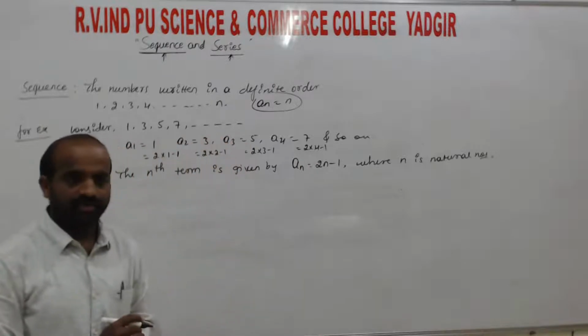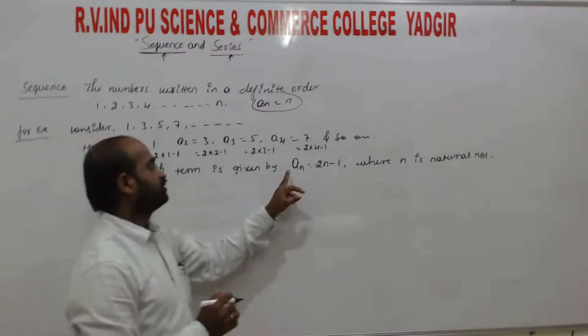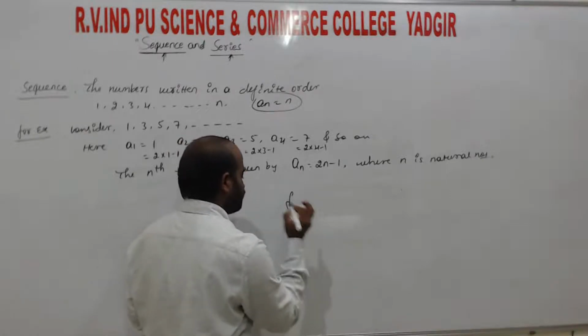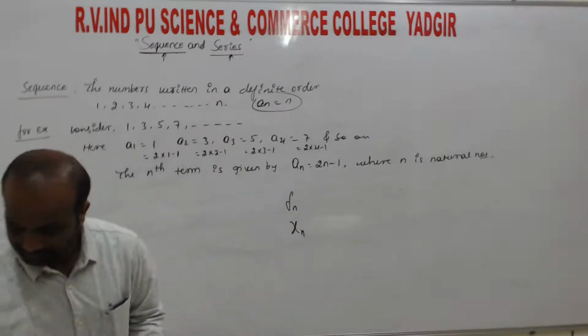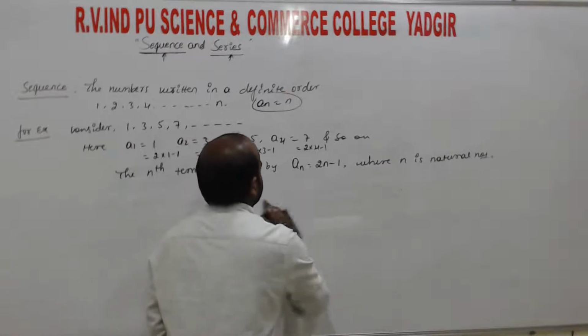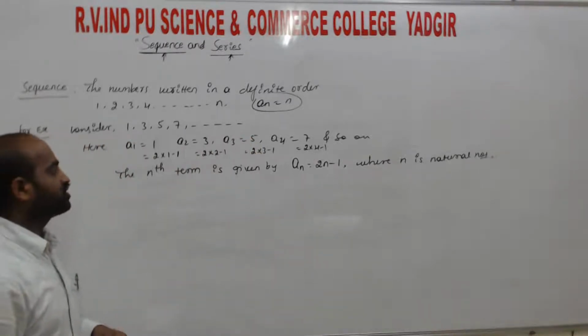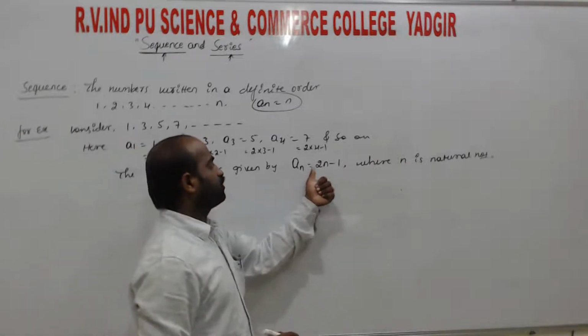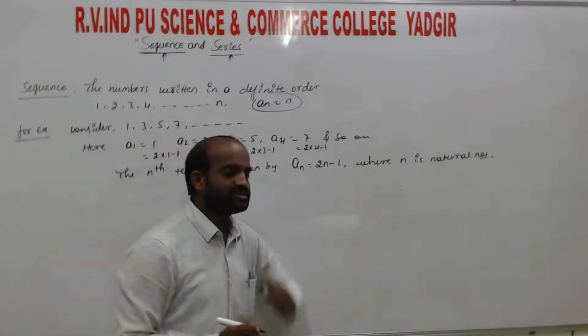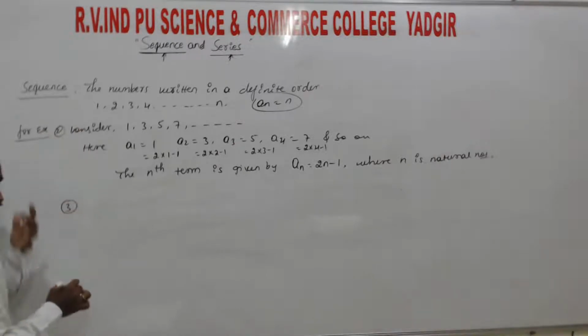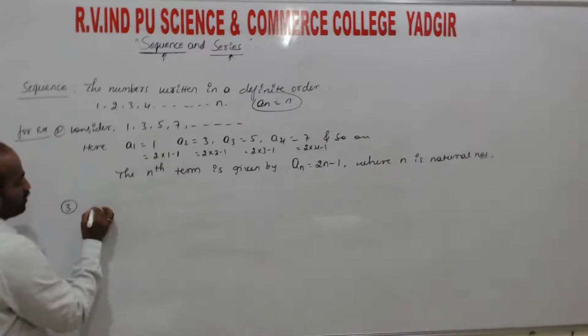An can also be denoted by fn or xn. The nth term of the sequence of odd natural numbers is an equal to 2n minus 1, where n is natural. This is the second one.